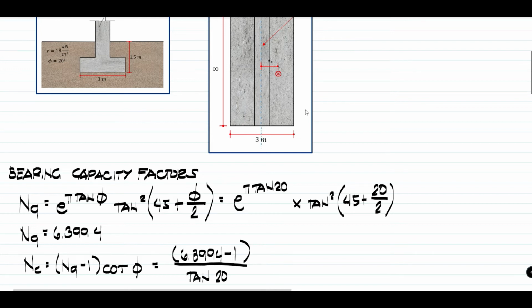Ang nasa ilalim ng footing natin is still the sand itself. So, ibig sabihin, ang gamma na kukunin natin will be the value 18.